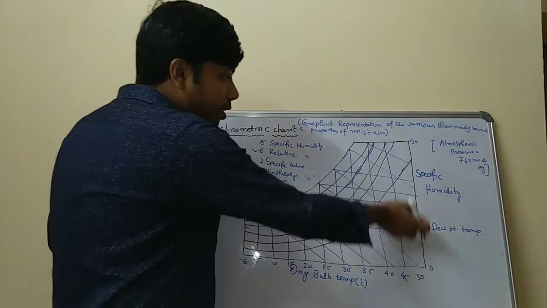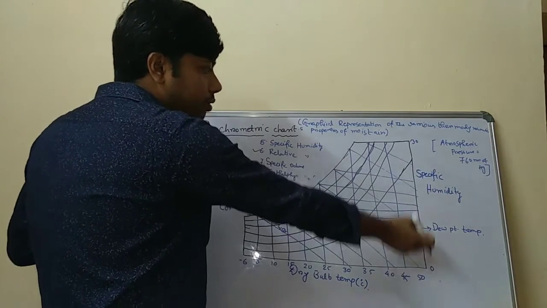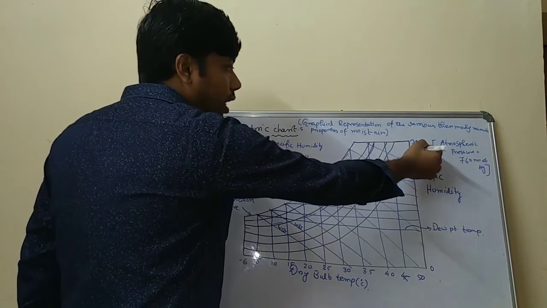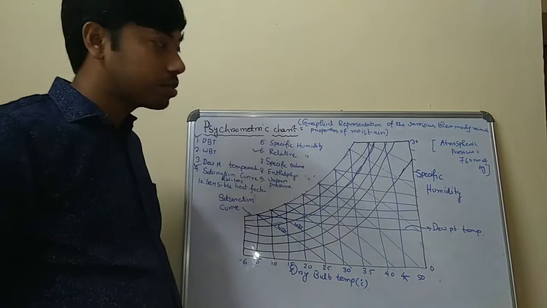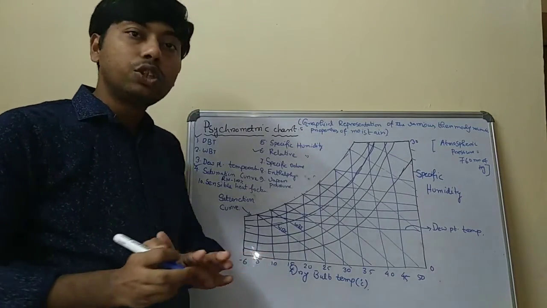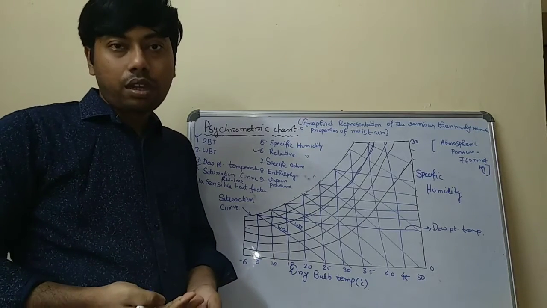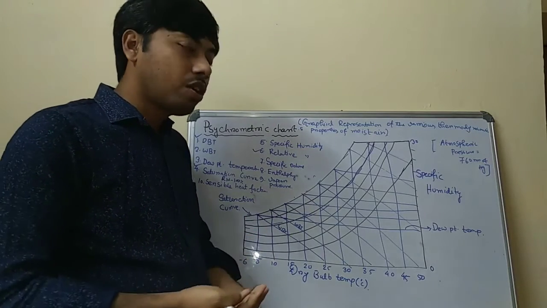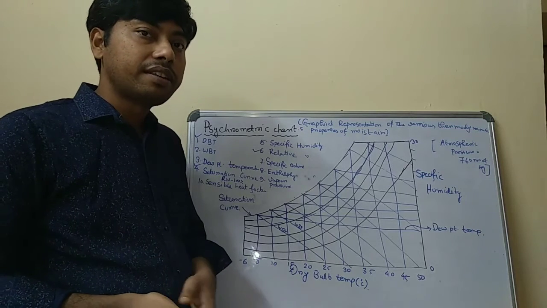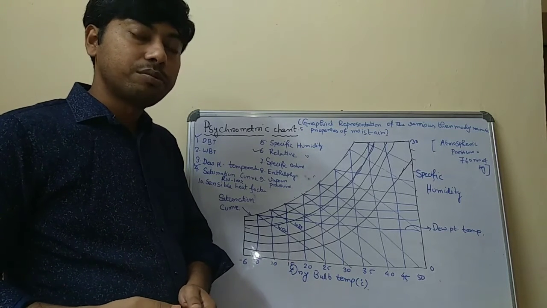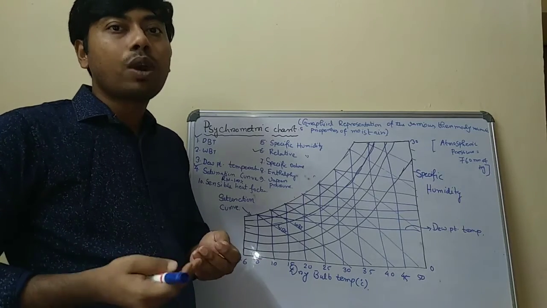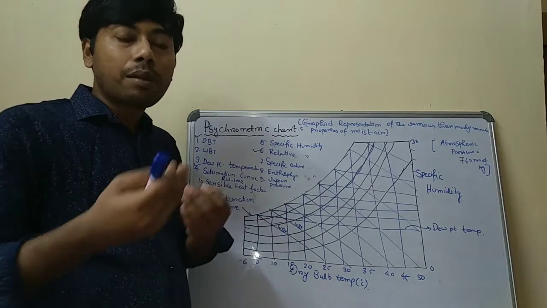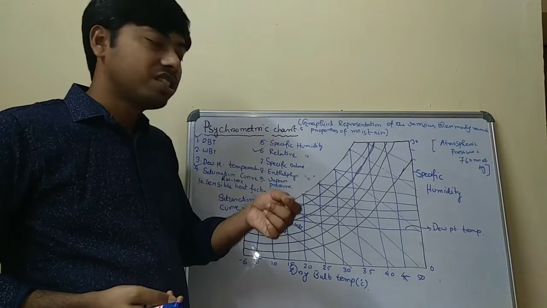Now, specific humidity. Specific humidity is on the outside of the chart, uniformly spaced from 0 to 30, because specific humidity is the amount of moisture, or water vapor, present per kg of air. That means in 1 kg of dry air, the amount of water vapor present is your specific humidity.